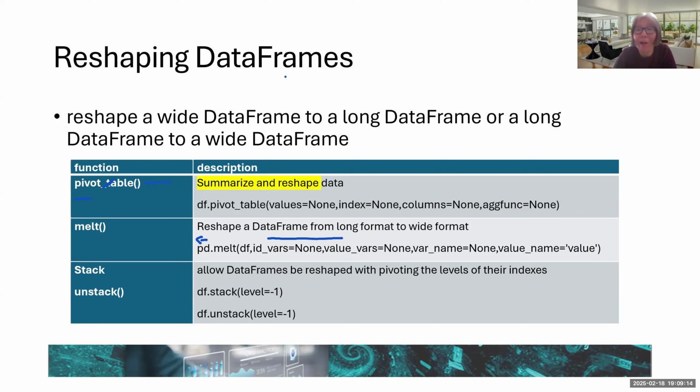Stack basically moves columns to rows, and unstack moves rows to columns. So for stack, you make the data frame from wide to longer, and for unstack, from longer to wide.